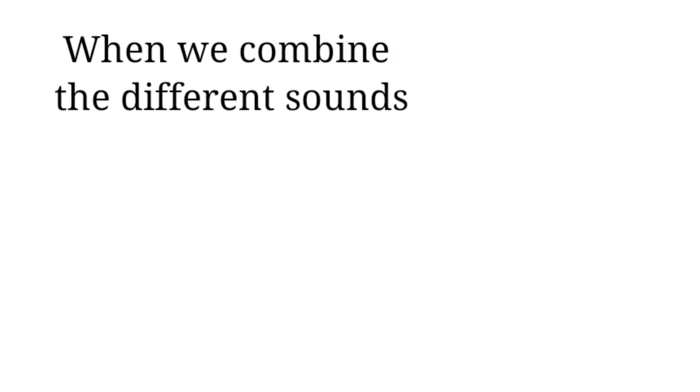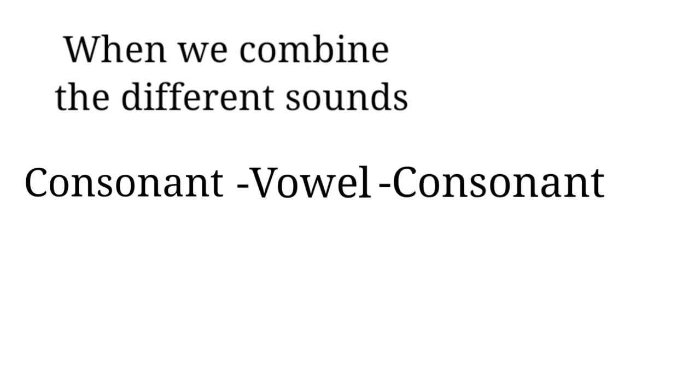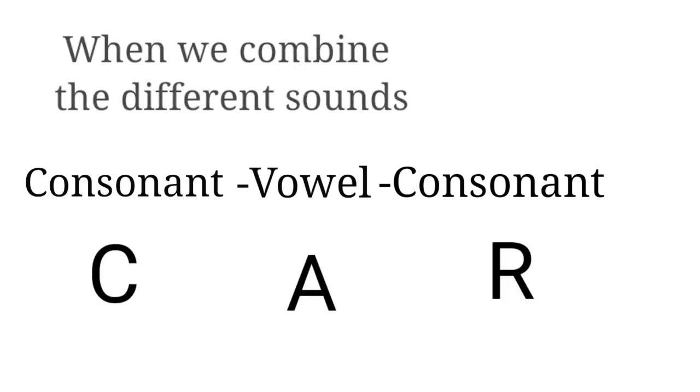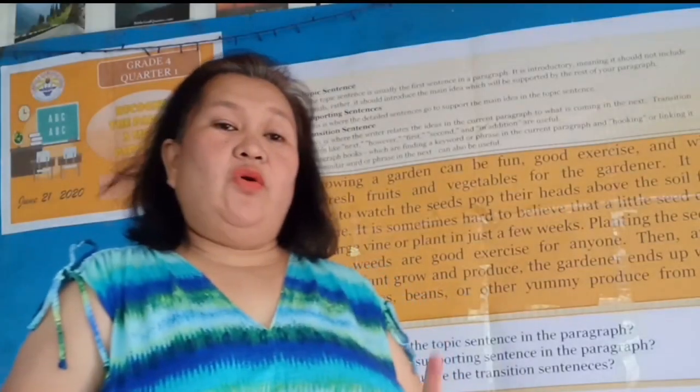When we combine the different sounds, we have consonants and vowels. We are now ready to hear simple words. For example, C-A-R, we have car. We now move from sounding to combination of sounding, and now we have the words.